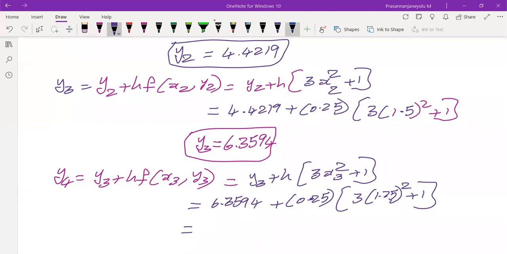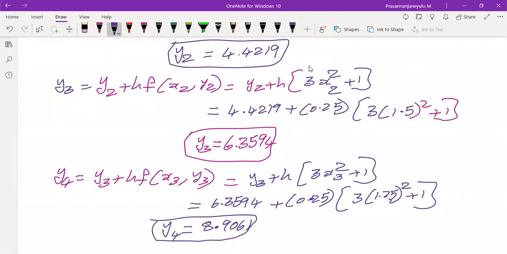Good, Diana and Balaji. 8.9061, or 63, like that. I am taking 8.9061 as the y4 value.